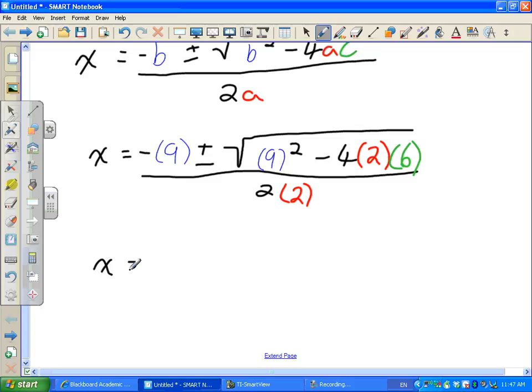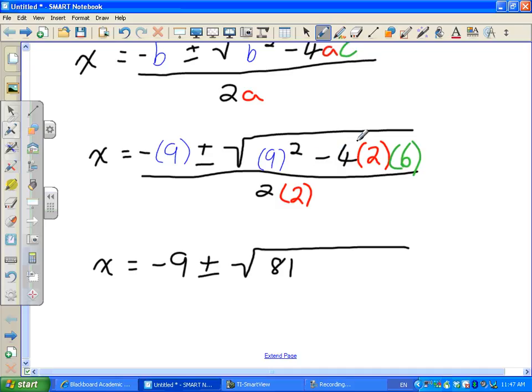So x is equal to, what does this 9 become? Negative 9. So we now have negative 9 plus or minus the root of, what's 9 squared? 81. All right. Now this, you can consider a negative.